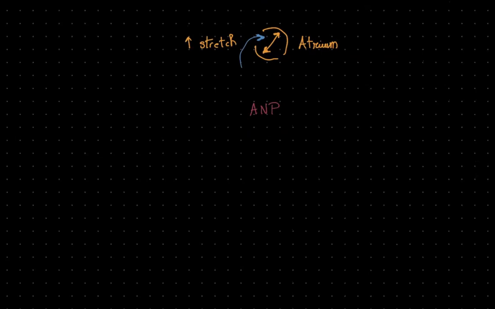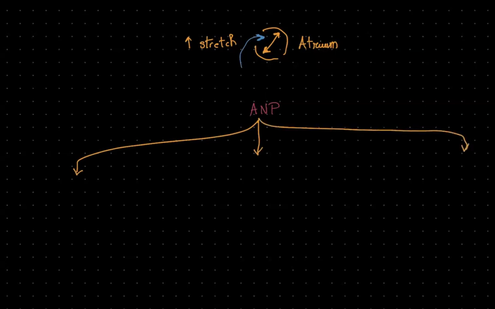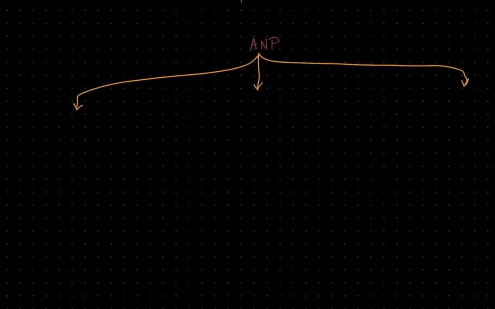Atrial natriuretic peptide is going to be acting on 3 target organs, preventing them from releasing their hormones. So the first target organ is going to be the kidney, to be more specific, the granular cells of the juxtaglomerular apparatus.